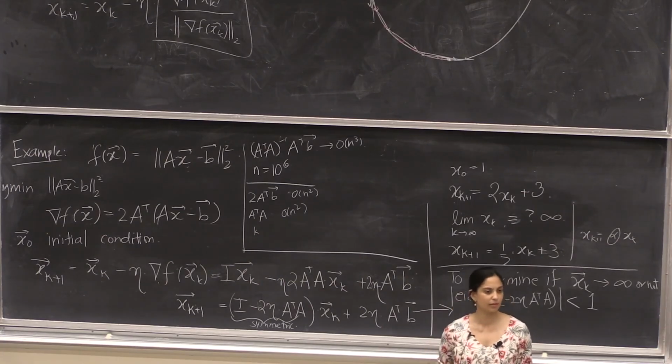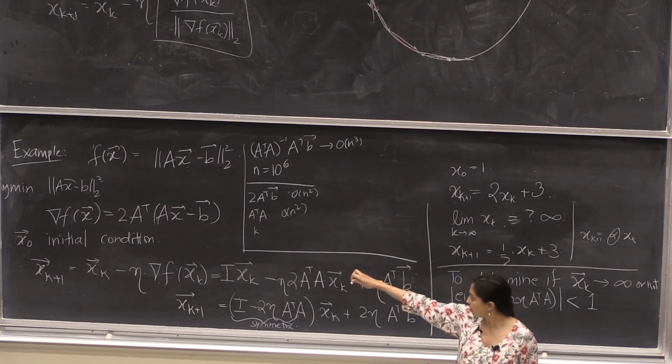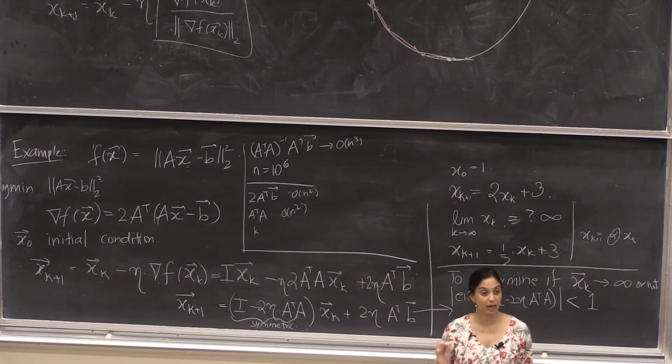Let's say A transpose A I've computed and kept in memory, but I have to do at least the A transpose A times x new every time. That's an order n squared operation. So if I do k steps, I have to do computation k times n squared. That's the order of the operations that I have to do.